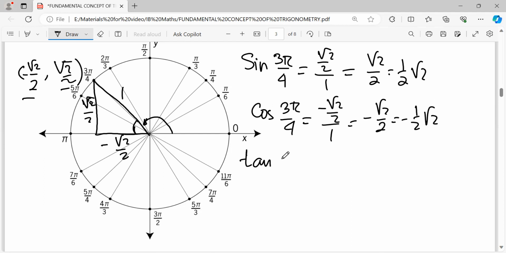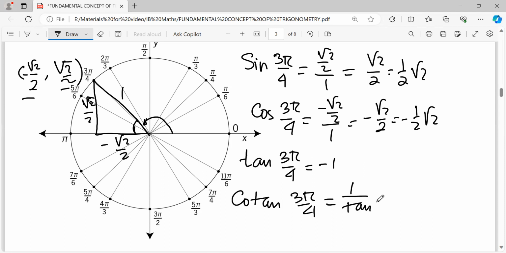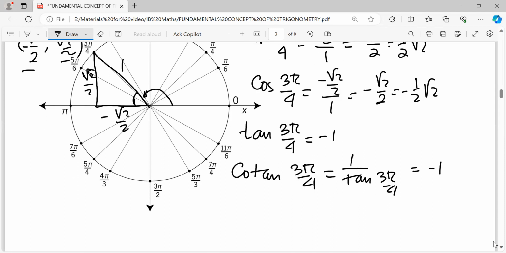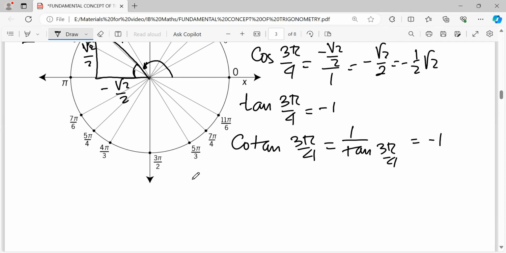Tangent 3 pi over 4. Take this number over this number, it means negative 1. Cotangent 3 pi over 4, opposite of tangent, 1 over tangent 3 pi over 4 equals negative 1. Now, secant 3 pi over 4 equals 1 over cosine 3 pi over 4.